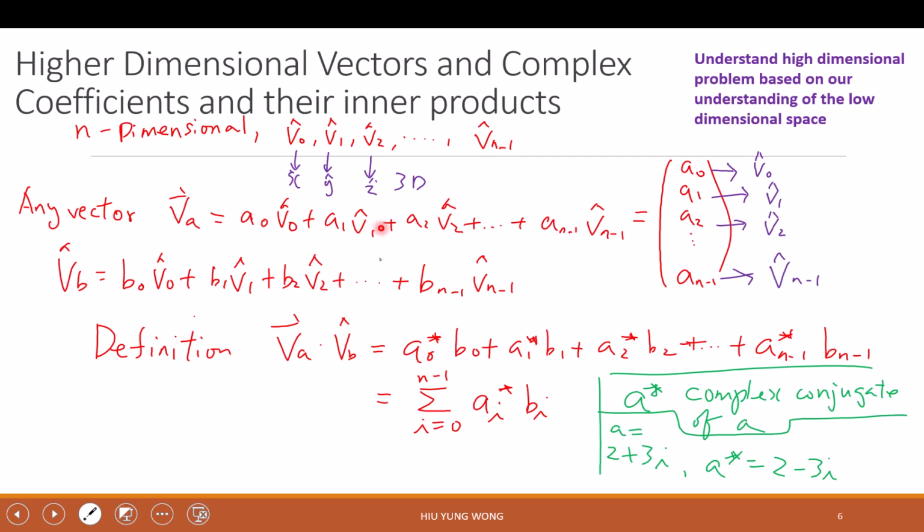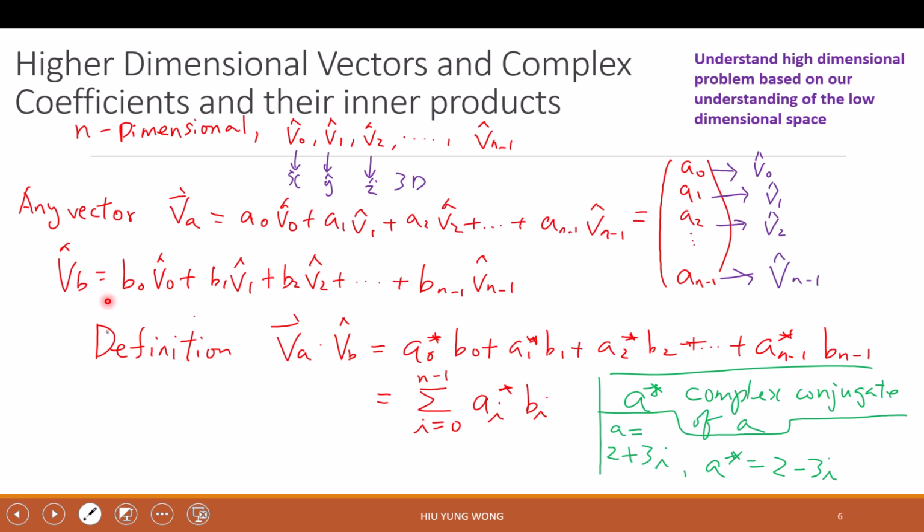It's not V0, V1 that define V_A, because V0 to V(N-1) are the basis states. Everyone shares the same basis states. You are taller than me, not because you use feet. We all use feet. The reason you're taller than me is because you're 6 feet and I'm 5.5 feet, for example. So what defines us is the number in front of the basis state.